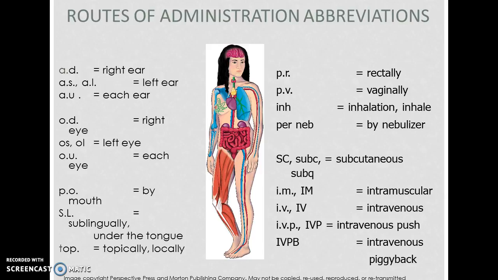PV, vaginally. INH, inhalation. P-neb, by nebulizer. SC or SUBQ, subcutaneous. IM, intramuscular. IV, intravenous. IVP, intravenous push. IVPB, intravenous piggyback. Please make sure that you are familiar with these key abbreviations. In your book, they give a little bit more.